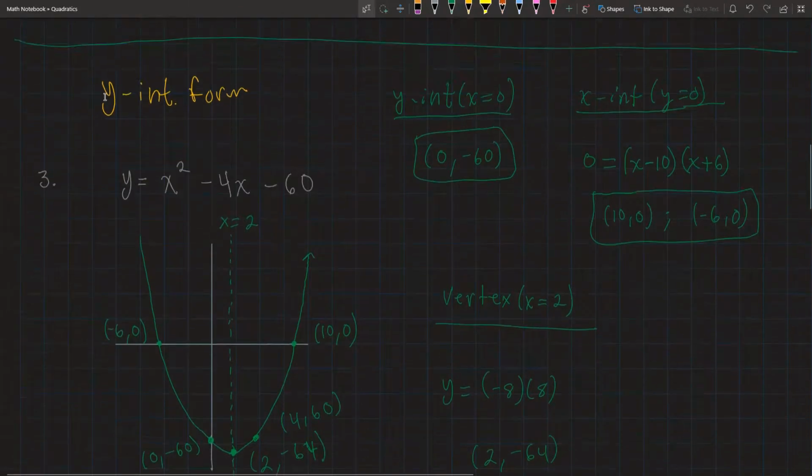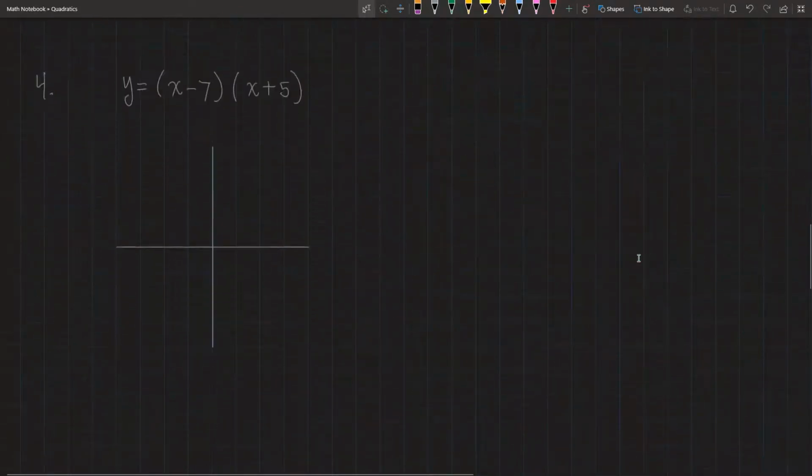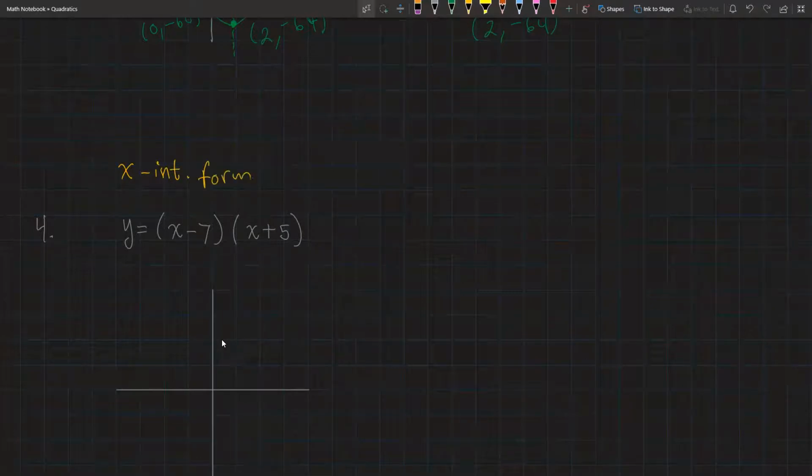And hopefully we recognize Y-intercept form. All right, so what do you recognize this one as? And again, see if you can go faster than my pace. What's easier to find in this format is the X-intercepts. This is X-intercept form.